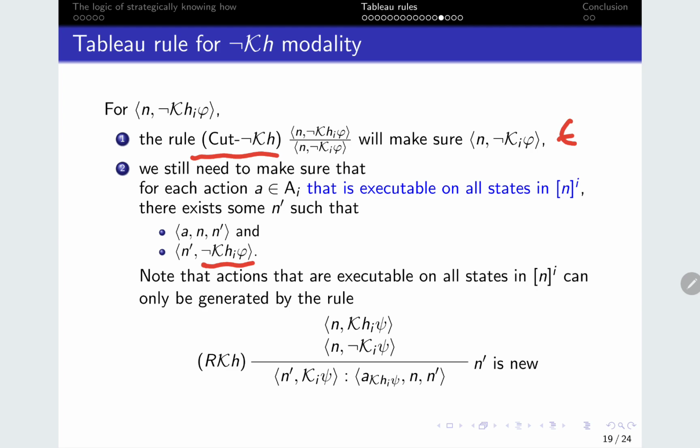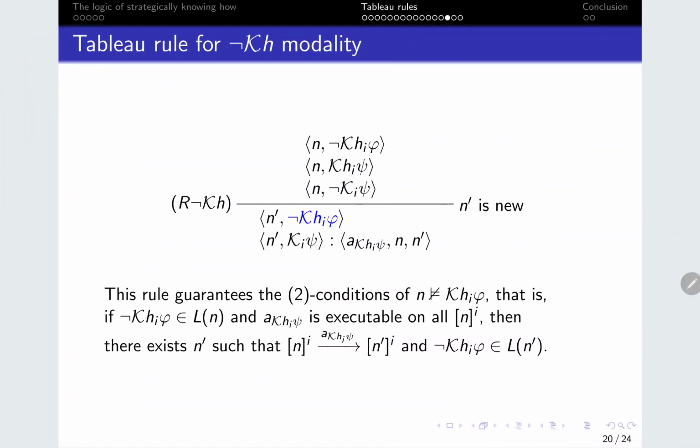So the key problem is what kinds of action will be executable on all states in the belief state of N. The answer is that only the actions generated by this rule will be executable on all states in the belief state. So to guarantee this second condition, we only need to care about the actions generated by this rule.